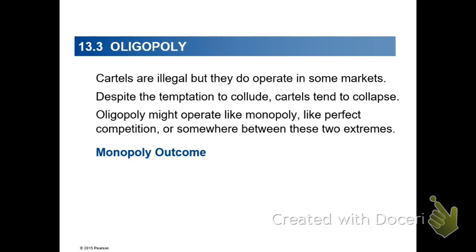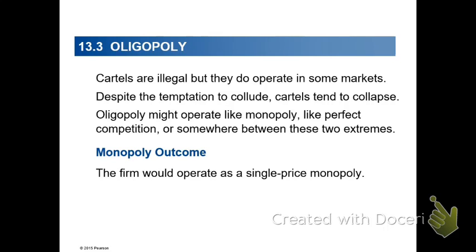Now, if a cartel is not a possibility, then monopoly and perfect competition will be the two extreme situations between which oligopoly could lie. In a more general setup, oligopoly is a market structure that lies somewhere between monopoly and perfect competition.